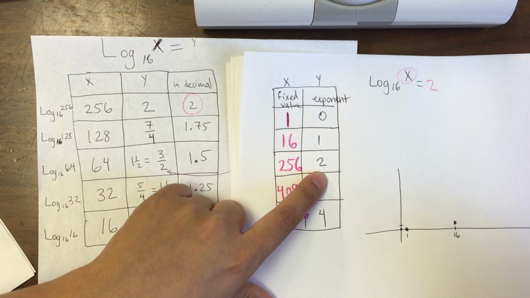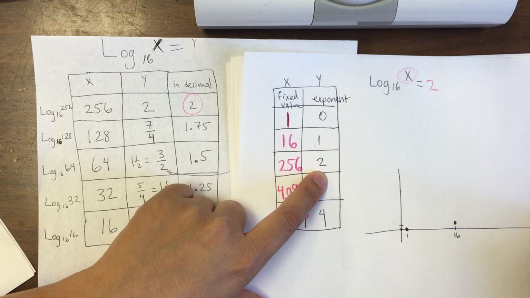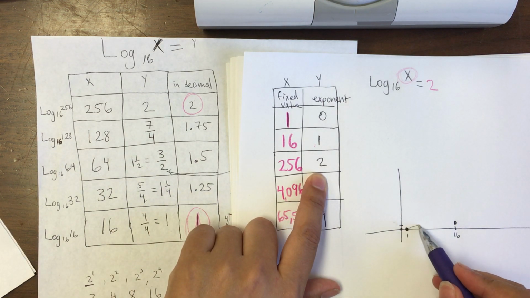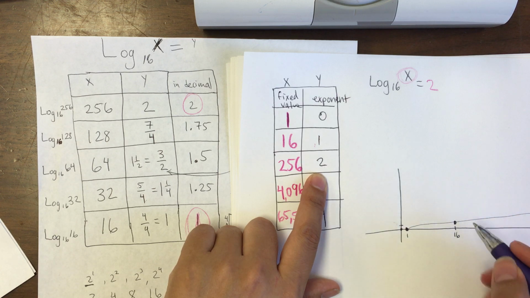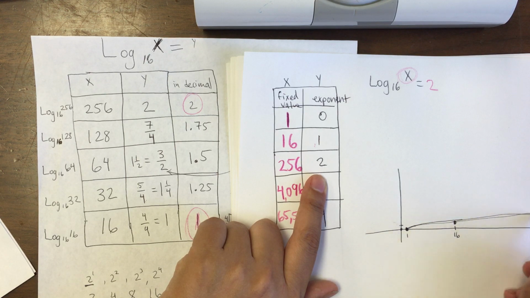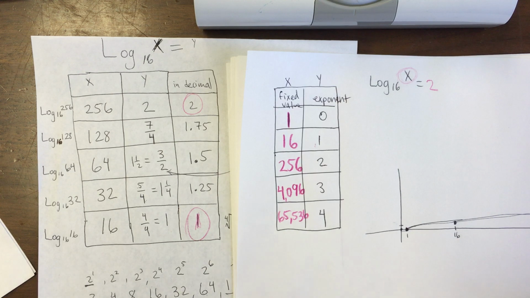Then 256, 2, maybe around here. And that's going to be my graph. It's just a sketch because in reality this is 1, and there are not 16 of these spaces in here, and there are not 256 spaces of this in here. So it's just a sketch.